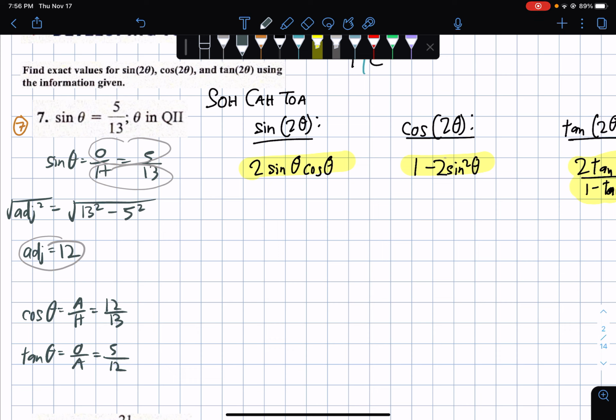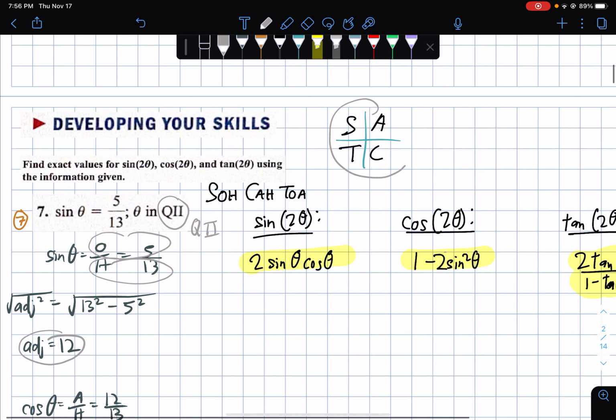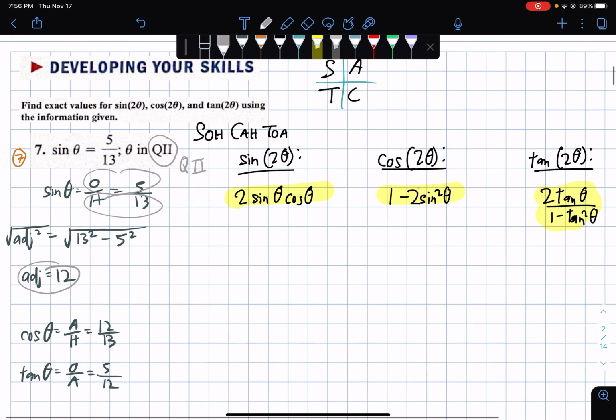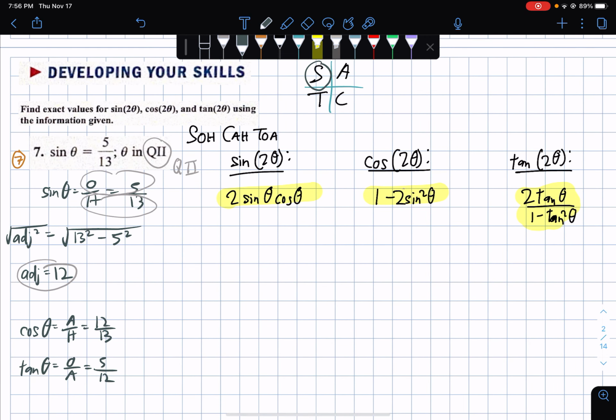Right now, number 7 is in quadrant 2. Based on the ASTC diagram, in quadrant 2, only sine and cosecant are positive. So sine here is positive, while cosine and tangent would be negative.